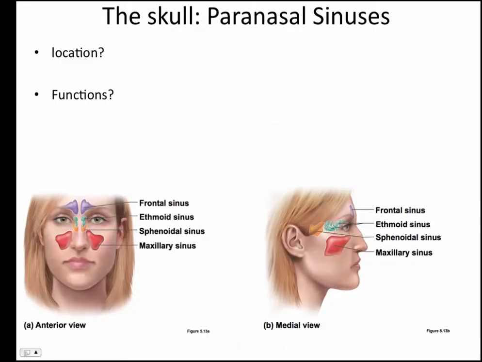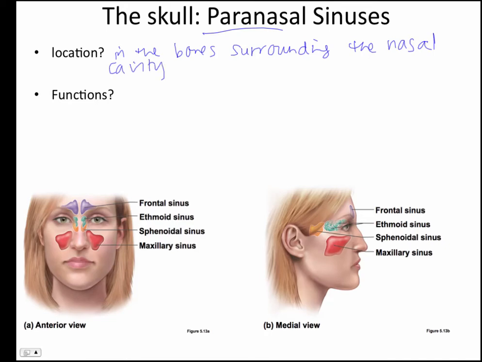Okay, and so within our skull, we also have other structures, and we have something called a sinus, and we have specifically paranasal sinuses. These are located within the bone surrounding the nasal cavity. And they have several functions.